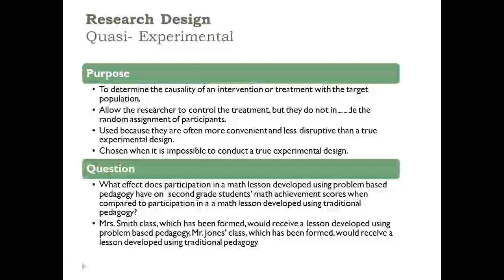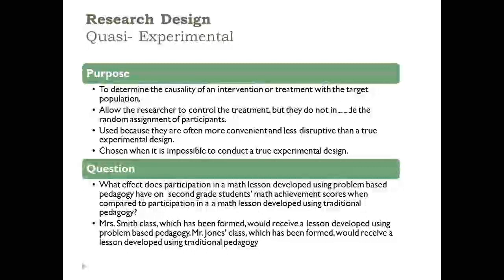Let's first talk about quasi-experimental designs. The quasi-experimental design is often used in educational research because it's more convenient and less disruptive than the stronger true experimental design. The purpose of a quasi-experimental design is to test the effectiveness of an intervention or treatment with a target population.